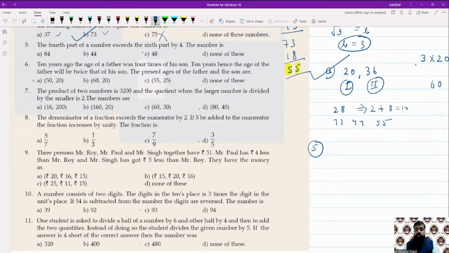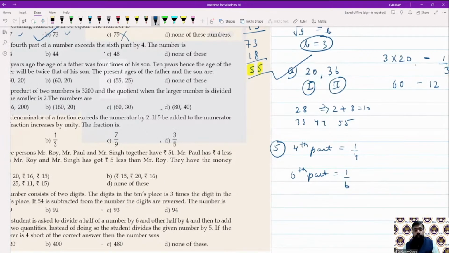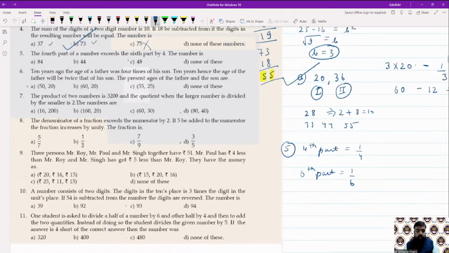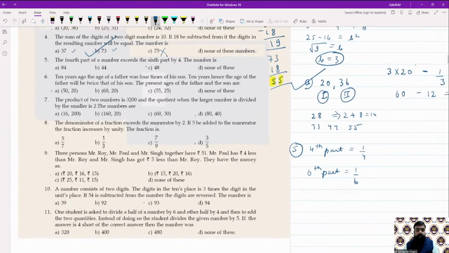So fourth part means 1/4, and sixth part means 1/6. So now we have to try the options, subtract, and check which is the correct answer.